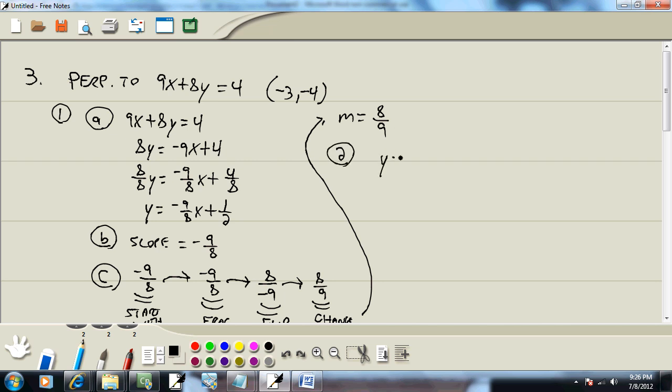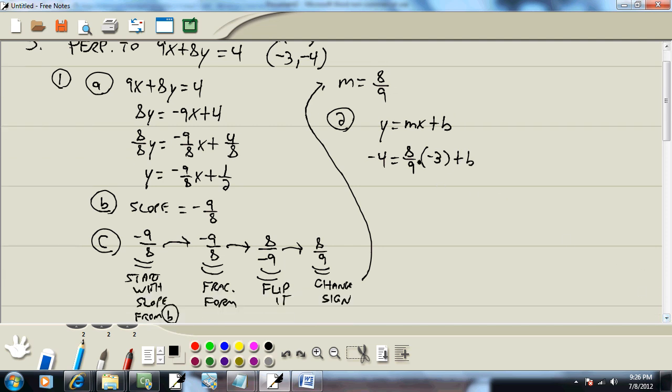Second step is we want to plug in the given point for x and y. So they give us -3, -4, so that's x and that's y. So put -4 in for the y. M from what we just found was 8/9, so I put that in times x, which is -3, then plus b. Now we want to solve for b.